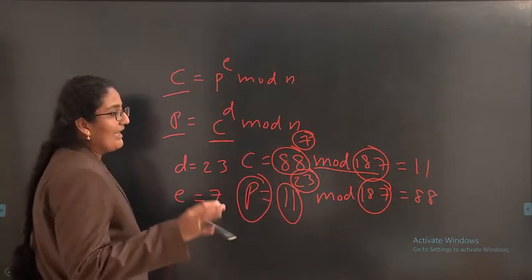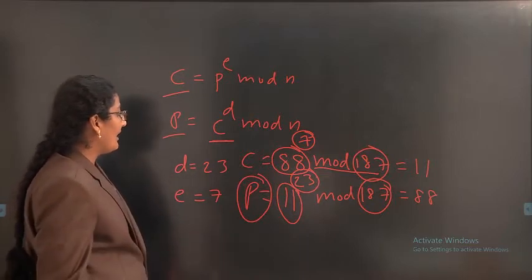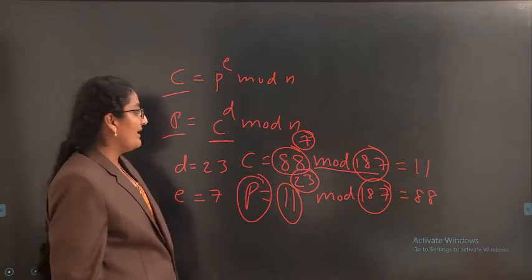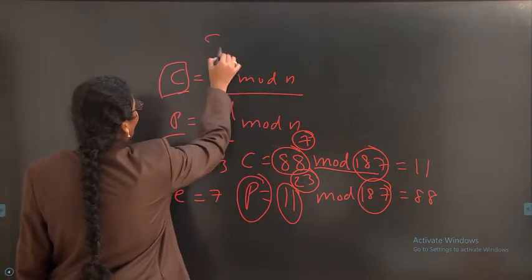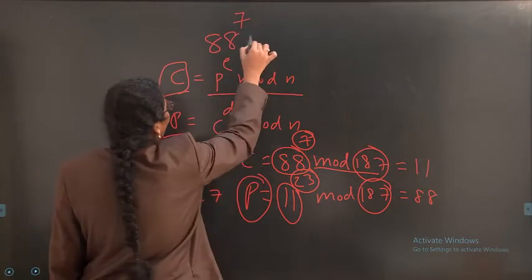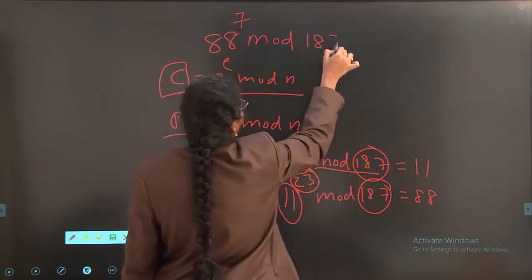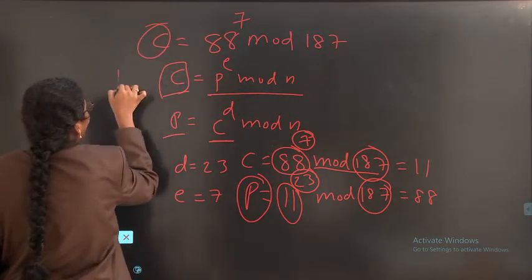So we have all the values: P, Q, N, pi of N, E, D, everything. By using the extended Euclidean algorithm, ciphertext is nothing but P power E mod N. So 88 is the P value, E value is 7, mod N is 187. If you solve this, you will get the C value, and that C value will be 11.